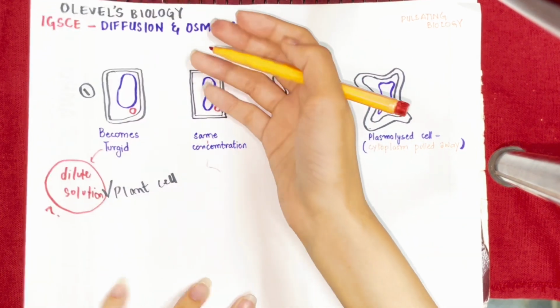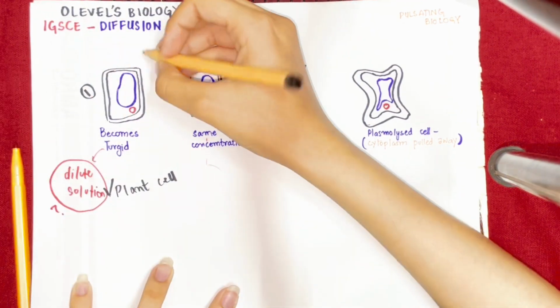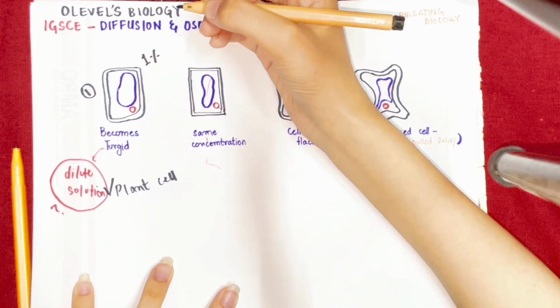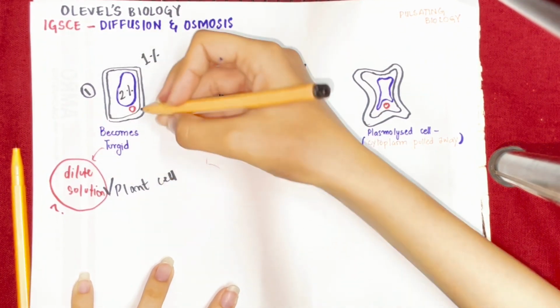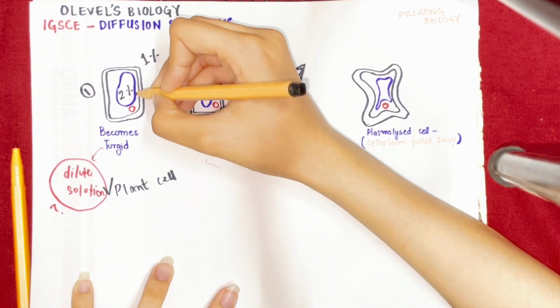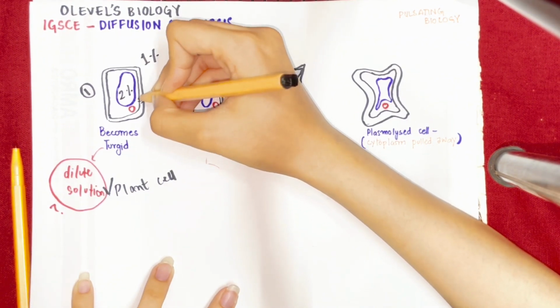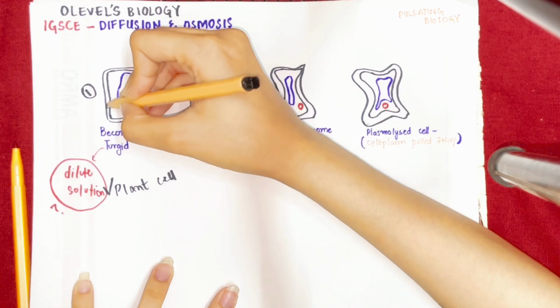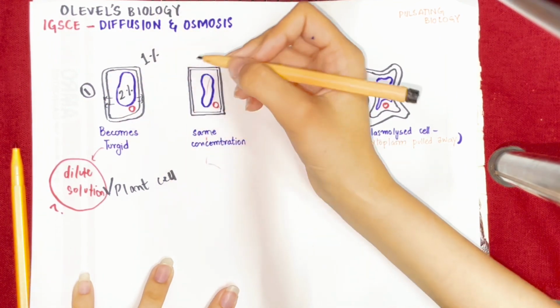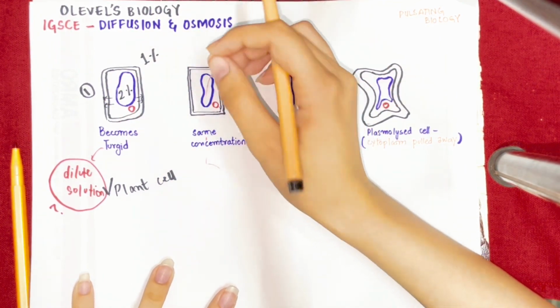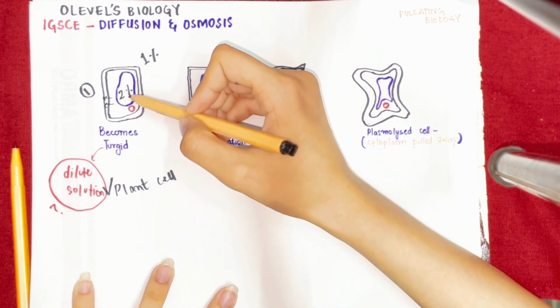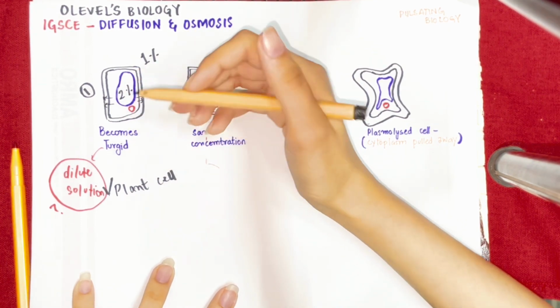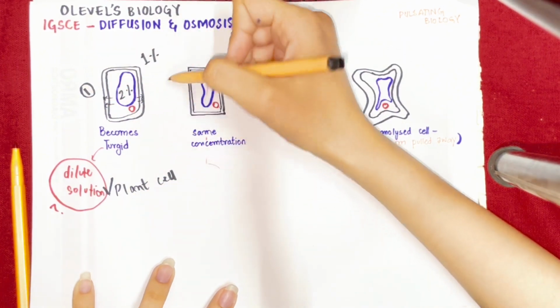The dilute solution means there is around 1% solution outside the cell and approximately 2% solution inside the cell. Then the cell wall is being compressed by the cell membrane. It exerts pressure on the cell wall, due to which it becomes turgid, giving it a very rigid structure. The concentration inside the cell is about 2%, due to which the cell membrane is pressing onto the cell wall when it becomes fully turgid.